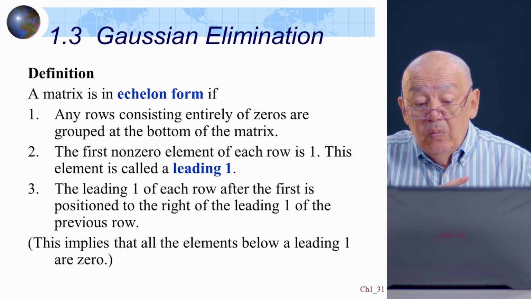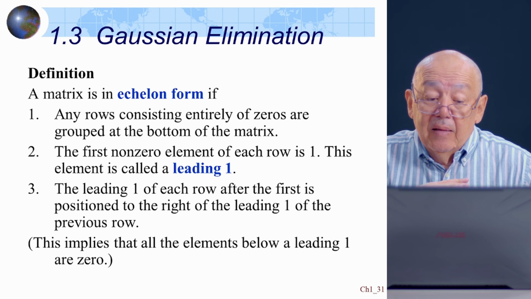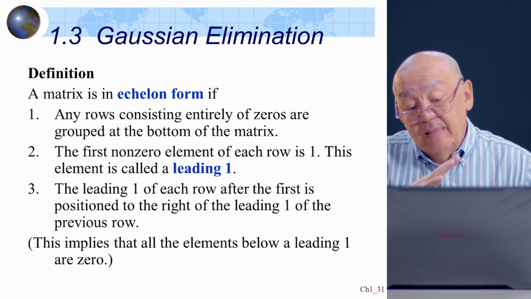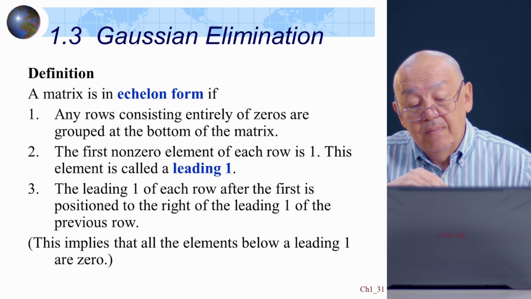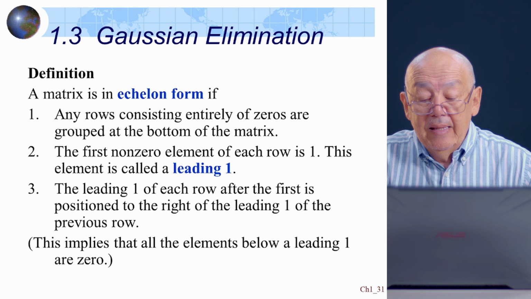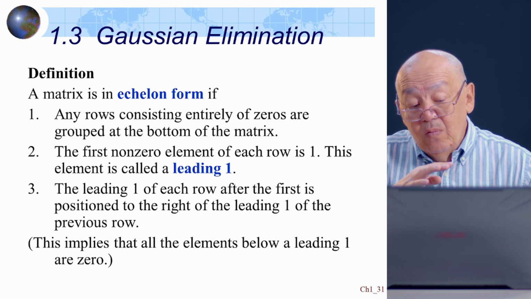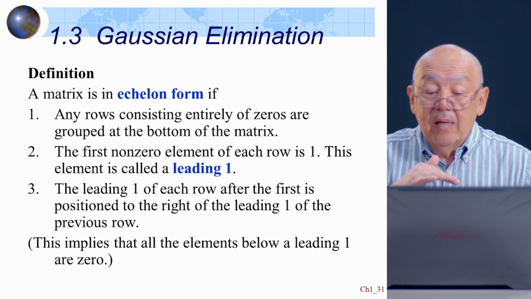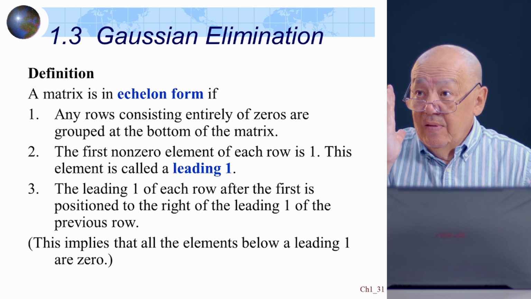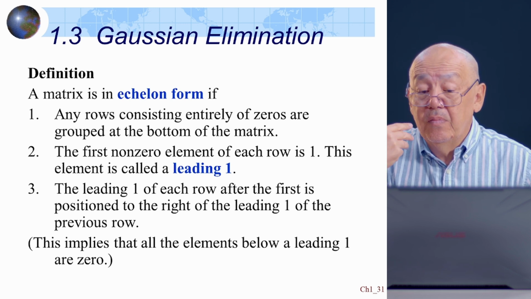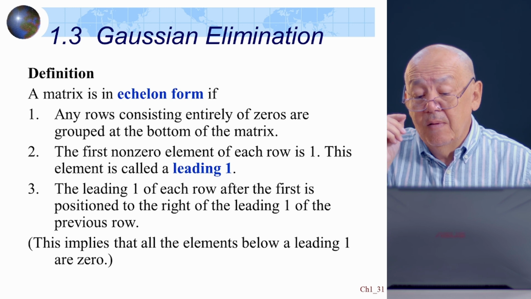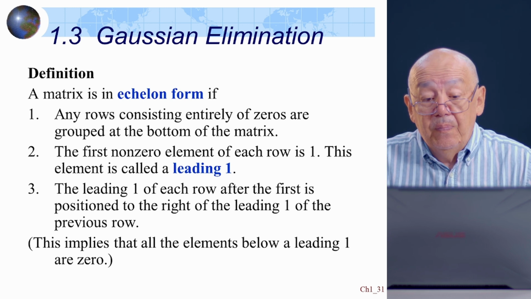And the third condition is again the same: the leading 1 of each row after the first is positioned to the right of the leading 1 of the previous row, and so on. And we just ignore the last condition, where it was said that if some column has a leading 1, then all other entries of this column should be 0.